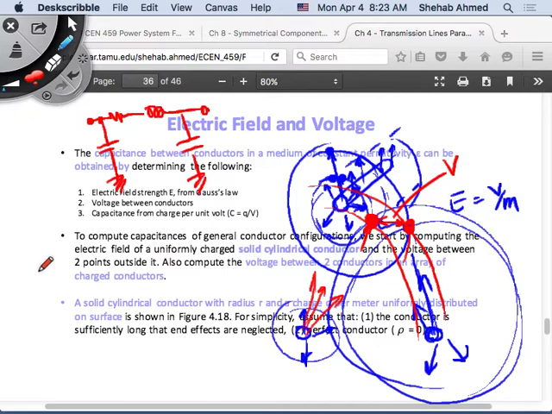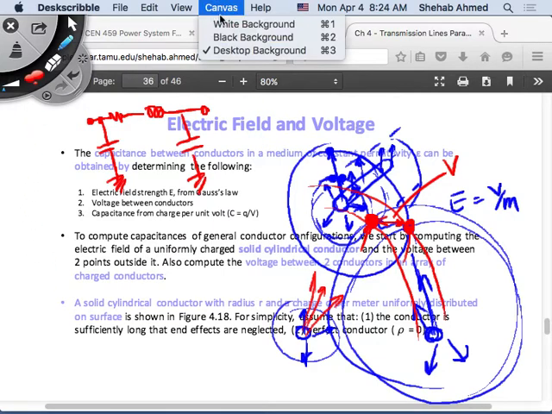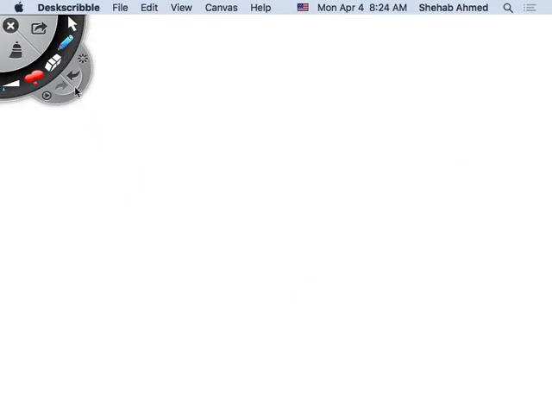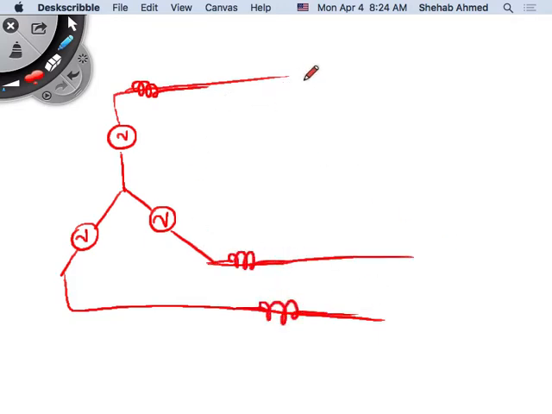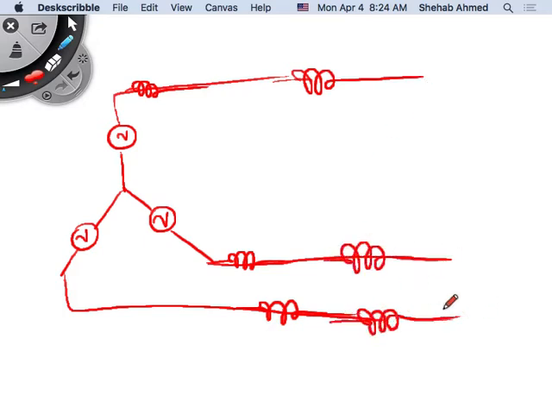If I draw a 3-phase system like this, this has an inductance, this has an inductance, this has an inductance. And this is the inductance of the transmission line. We will go through this again in the next chapter.